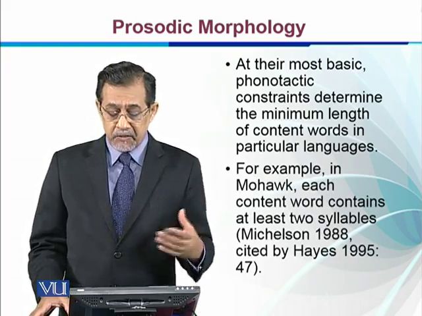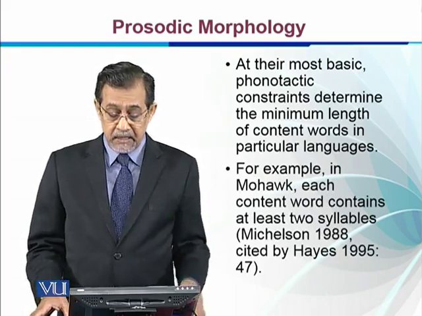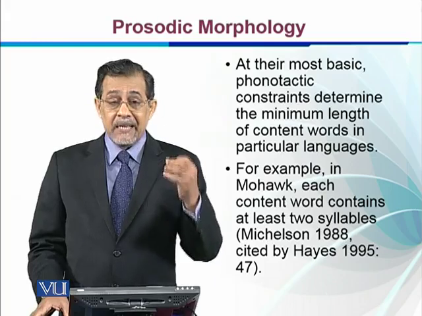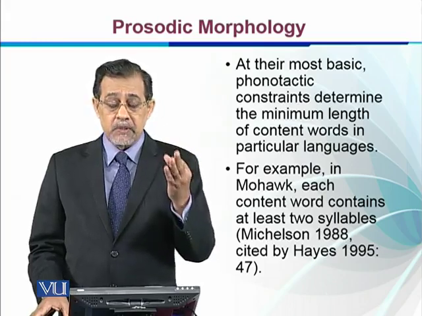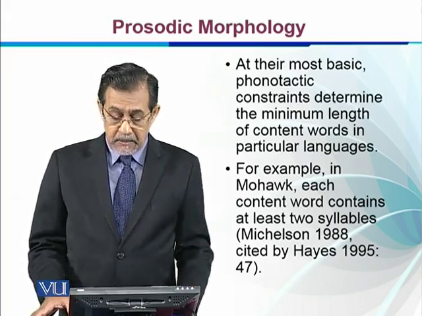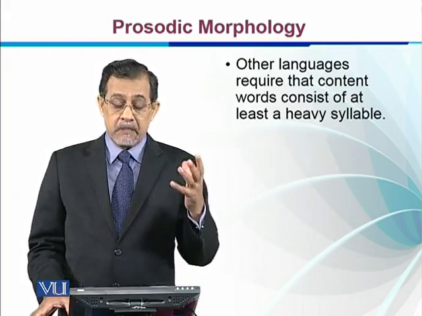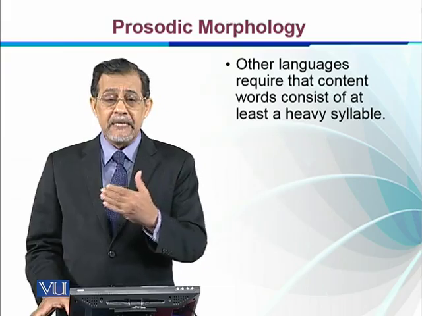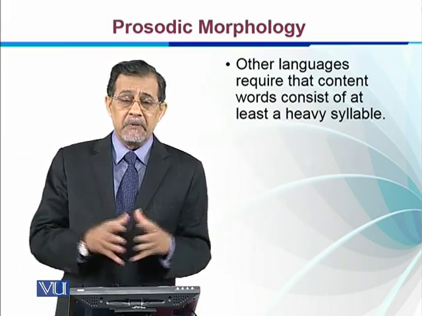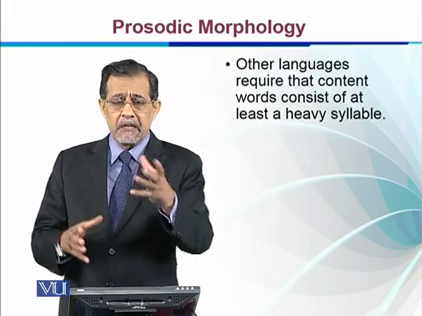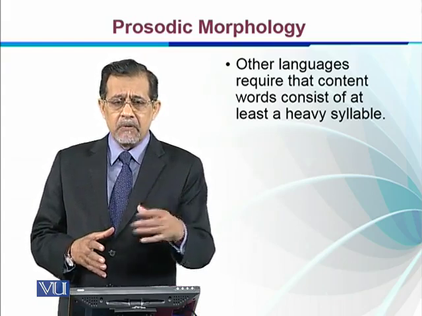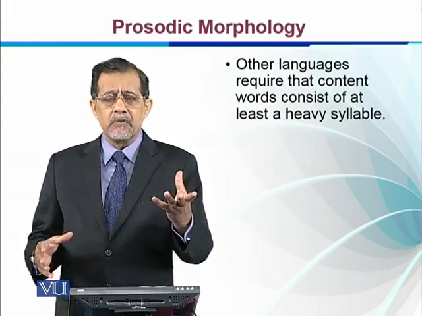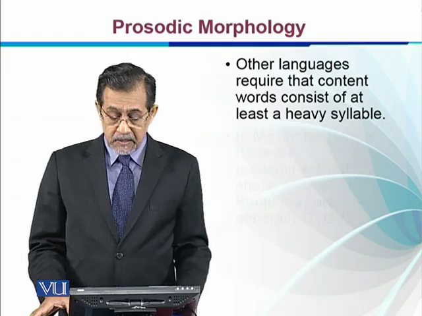For example, in the Mohawk language, we come to know that it can have content words of at least 2 syllables, right? Other languages require that content words consist of at least a heavy syllable. When we say heavy syllable, it means that it must have a long vowel, diphthong, or 2 consonants.